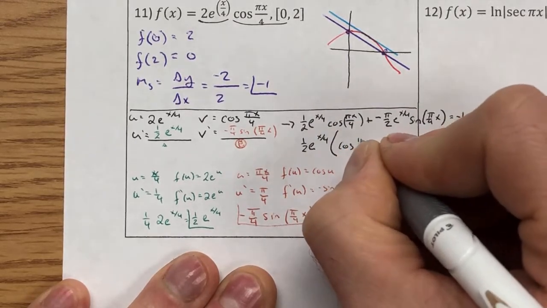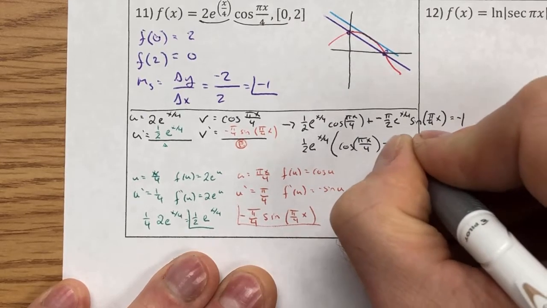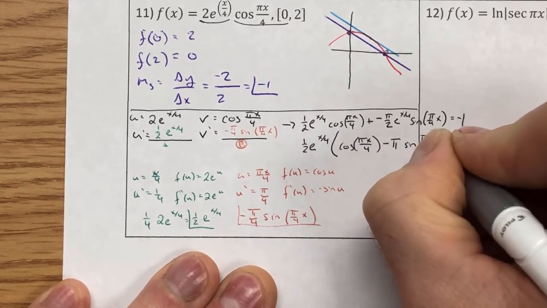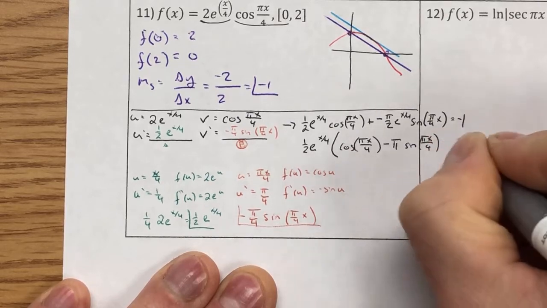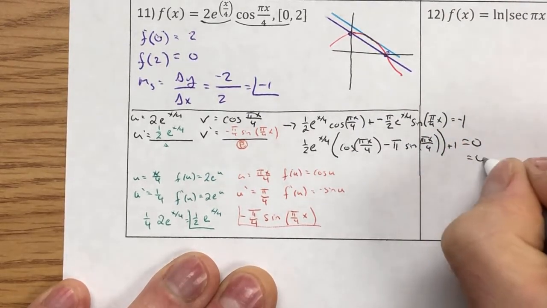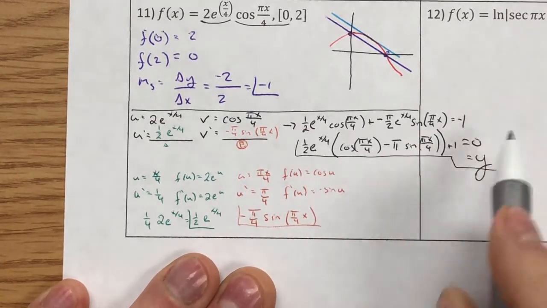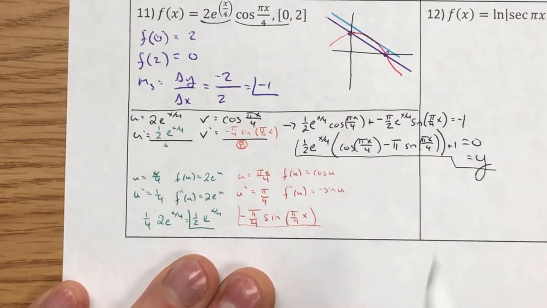I have cosine of pi x over 4 minus pi sine of pi x over 4 plus 1 is equal to 0. So I'm going to set this equal to y, and I'm going to let the calculator find when this value is at a 0.